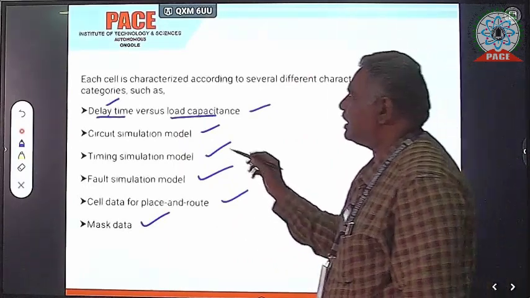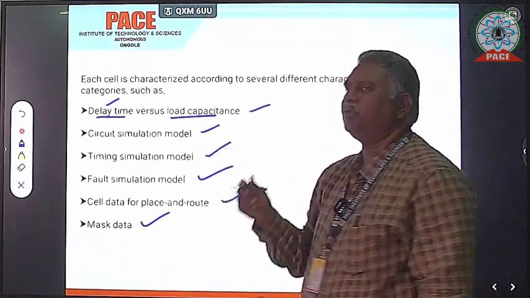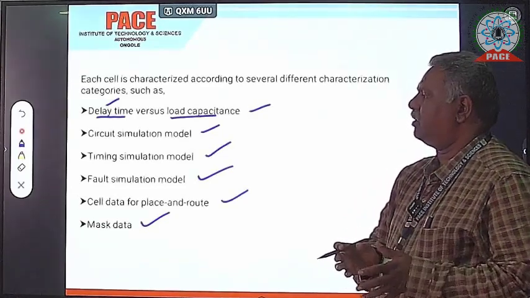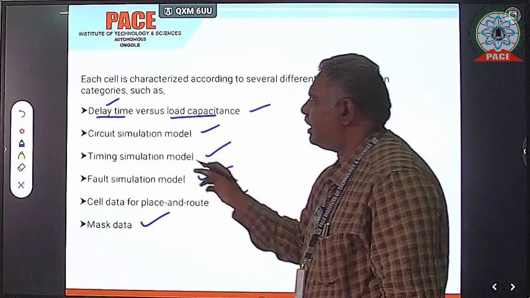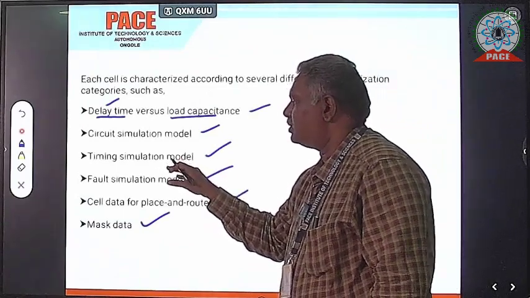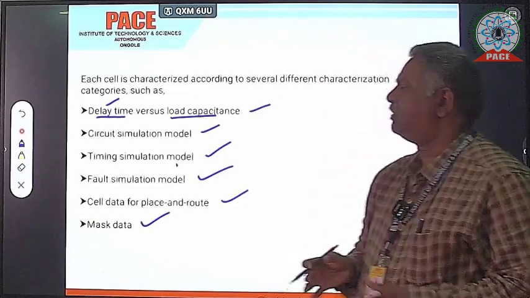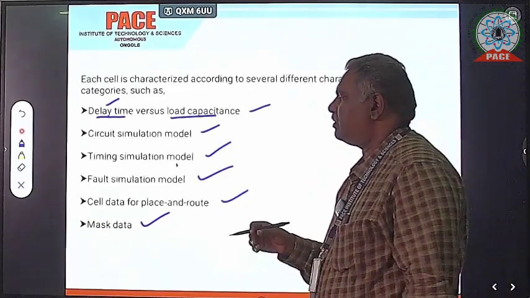So, next is a circuit simulation model. We are going to verify whether the circuit is functioning effectively or not, and similarly timing simulation model. So, we are going to verify how much time it takes for execution to finish the task.